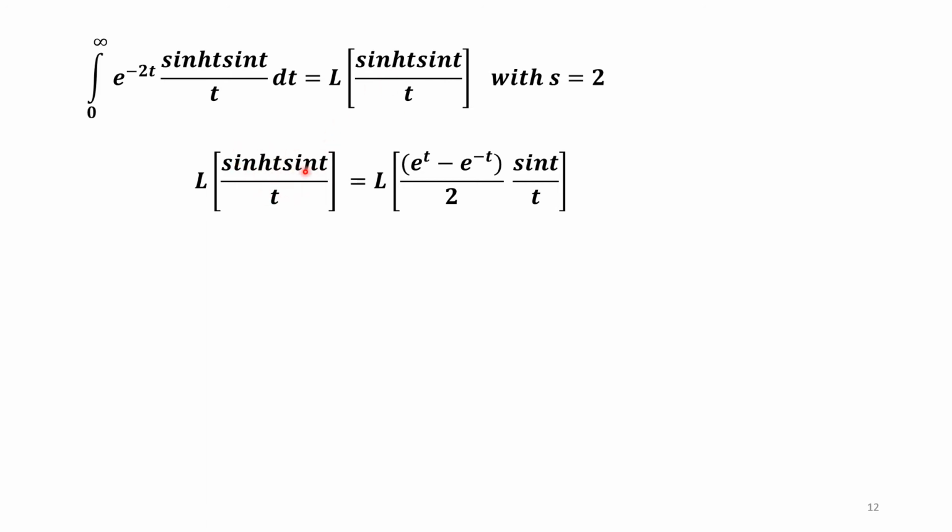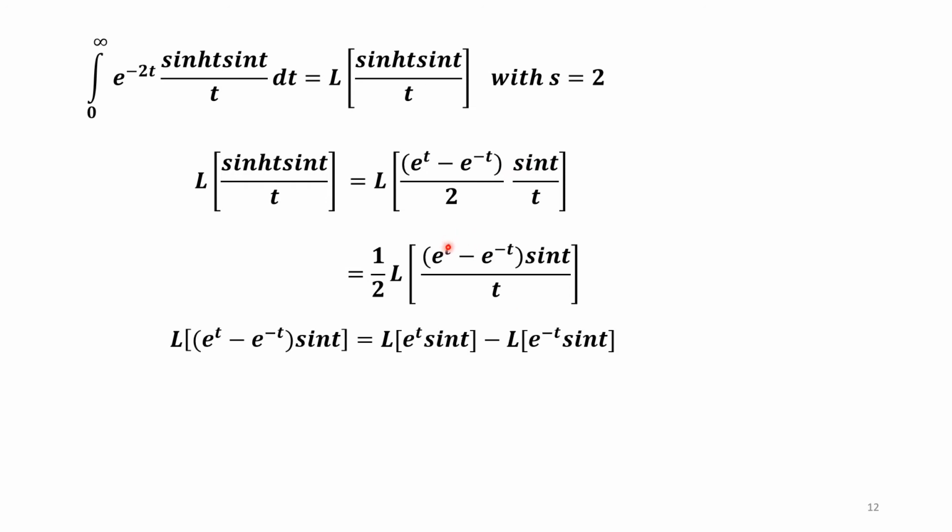Now, since one is a trigonometric and the other one is a hyperbolic function, there is no formula connecting both. So using the basic definition of sin ht, which is e raised to t minus e raised to minus t upon 2, we can take 1 by 2 outside, or I can write L of (e raised to t minus e raised to minus t) into sin t upon t.